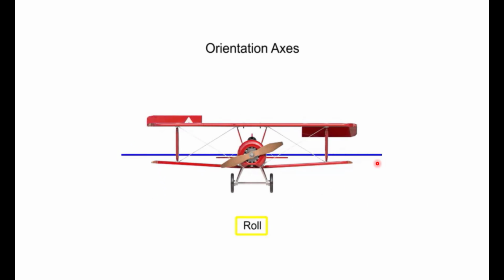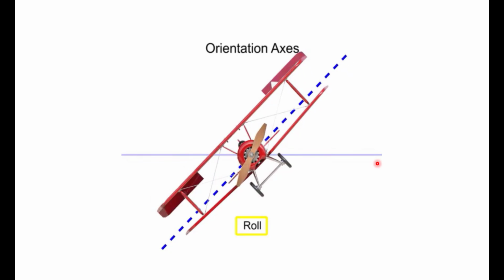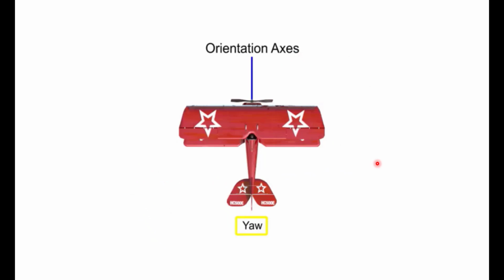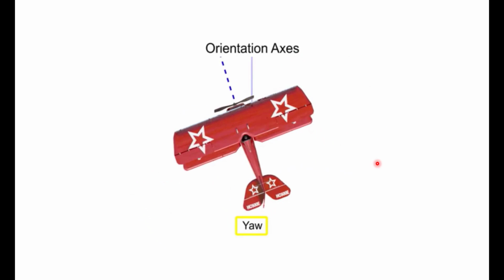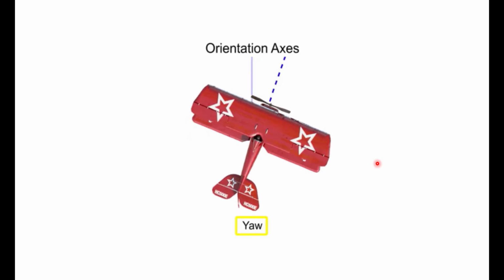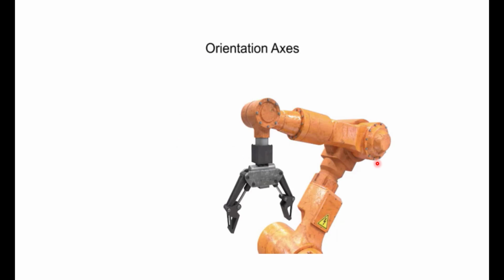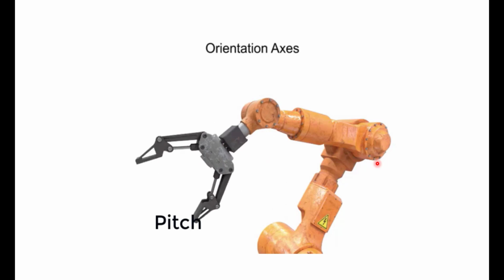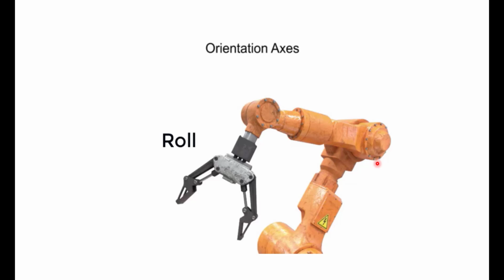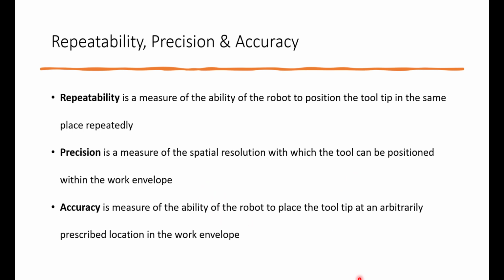Pitch, roll and yaw. The same thing is applied to a robotic tool, that is a gripper, and with the help of it the yaw, pitch, roll is explained.